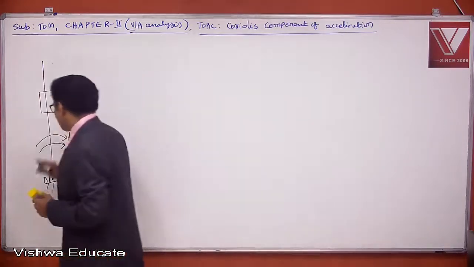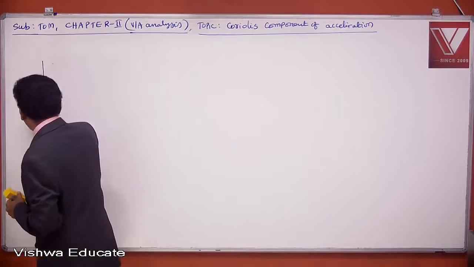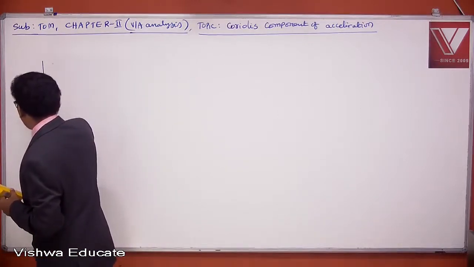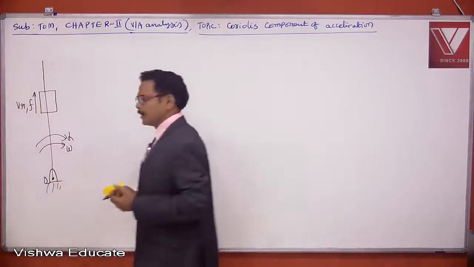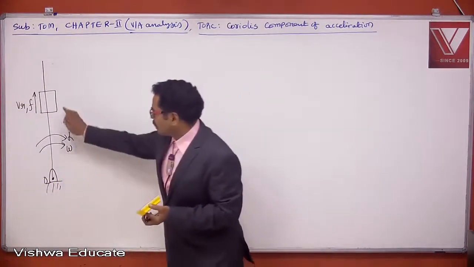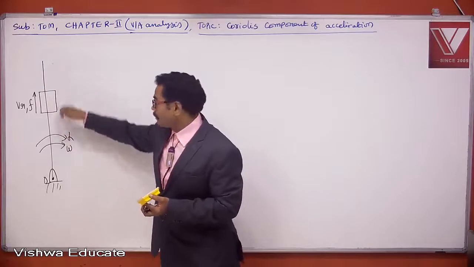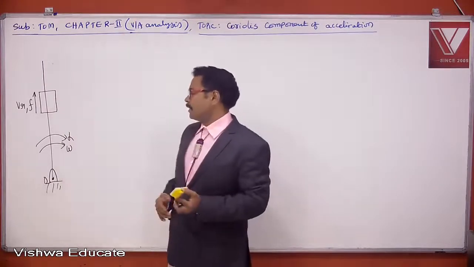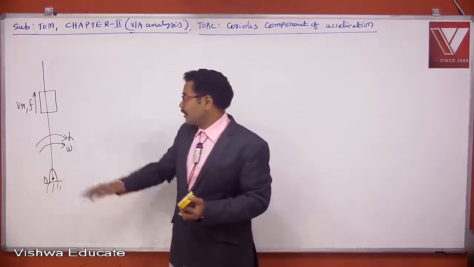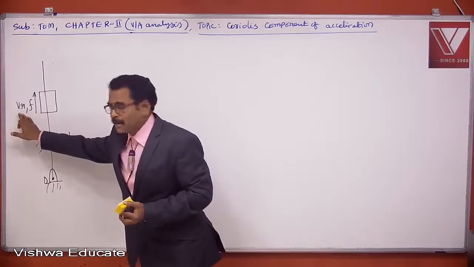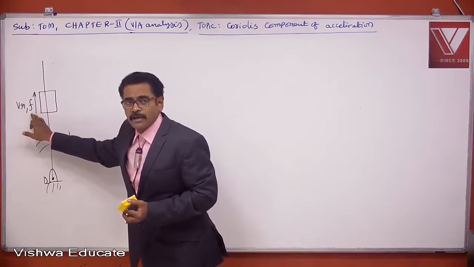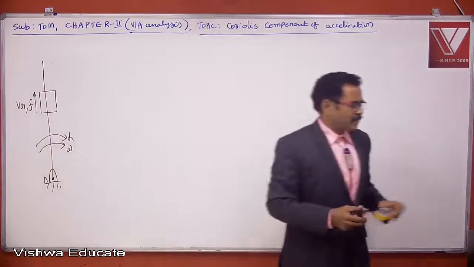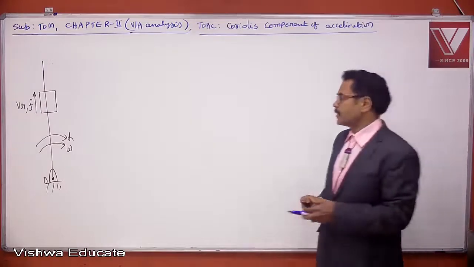At the same time, the slider is moving in radially outward direction with radial velocity of VR and radial acceleration of F. So the slider is moving away on this link from center O. And on this slider, I am taking one point. I may refer to that point as A.